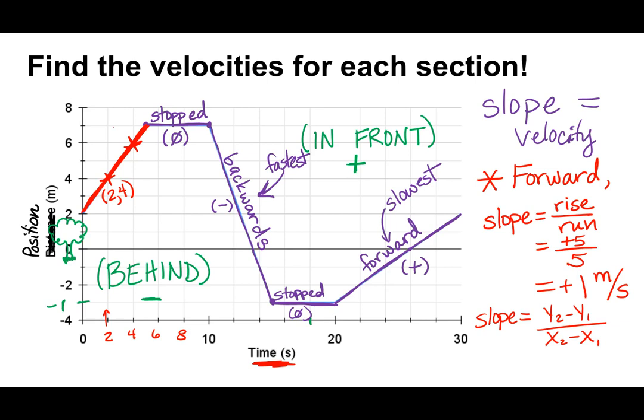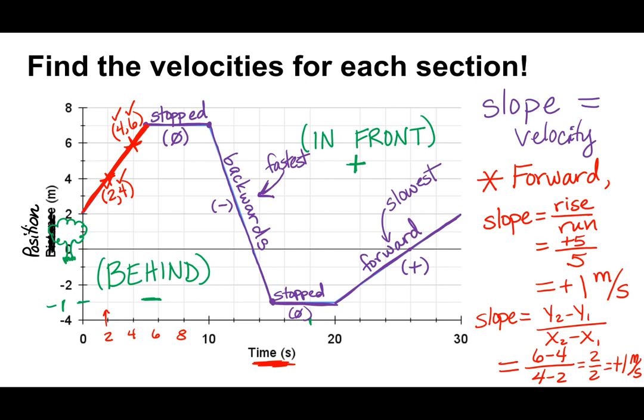And then this one is at a time of 4 seconds in a position of 6 meters. If we were to do that, y2 minus y1, 6 minus 4, and then we have x2 minus x1, 4 minus 2. That gives us 2 over 2, which is the same positive 1 meter per second.